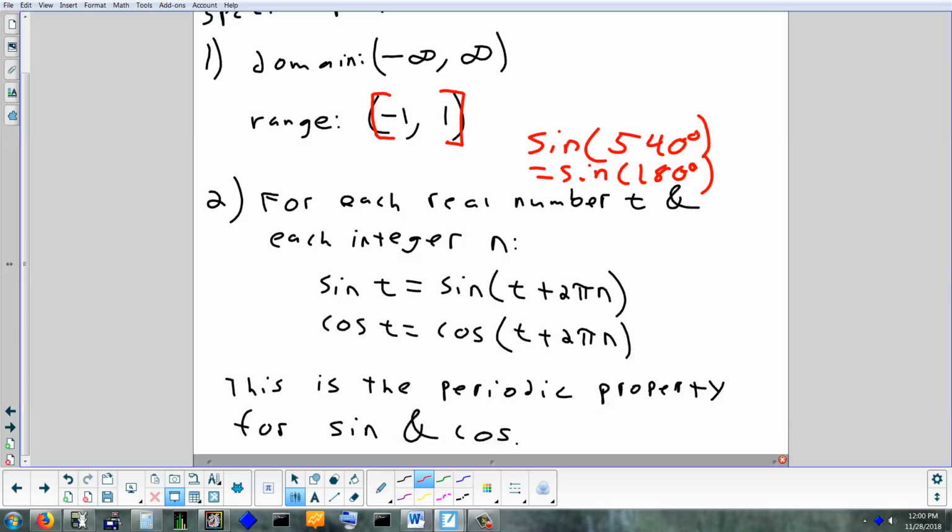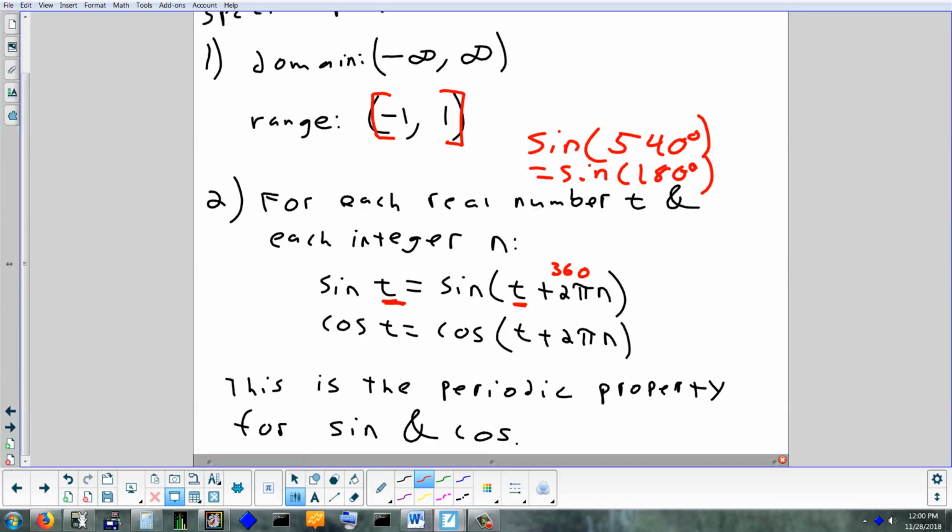If you want to know the sine of something, that's exactly the same as finding the sine of that something plus or minus any amount of 2 pi. Or if you're doing it in degrees, you could replace 2 pi with 360. You could add 360 times 1. You could add 360 times 2. You could add 360 times 3. And if you're like, well, what about subtracting?